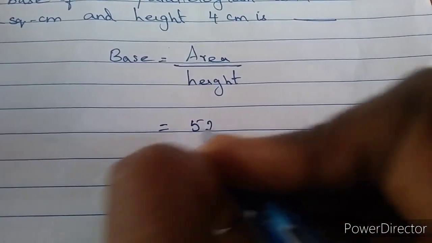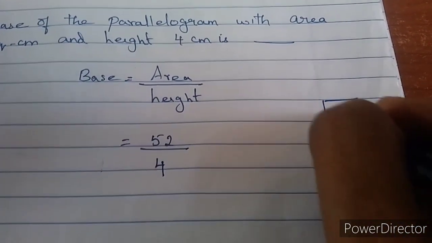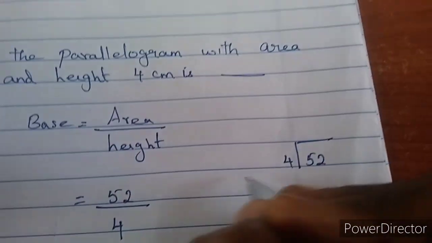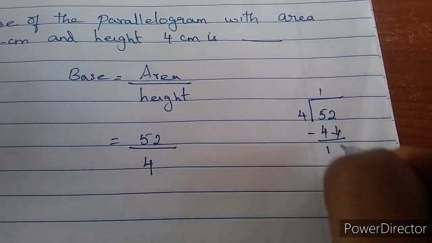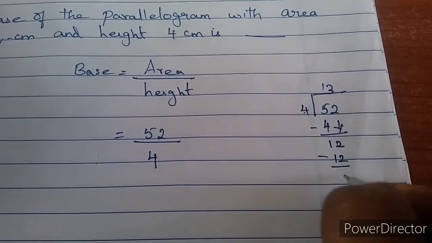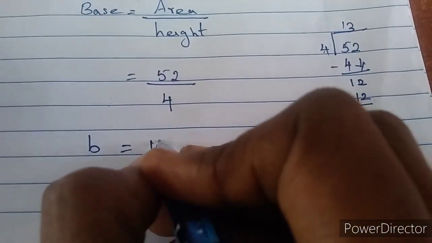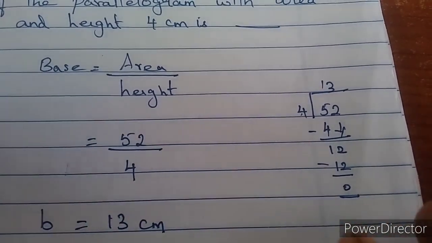So 52 divided by 4. So usual division method. 4 ones are 4. Subtract. Get down this 12. 4 3s are 12. So 0. So your base is 13 centimeter. Don't forget to write the unit behind the number.